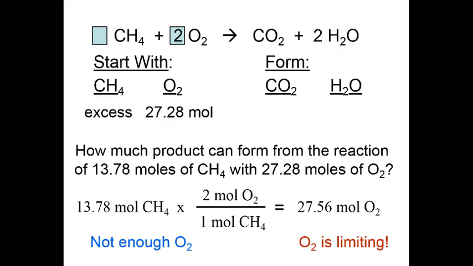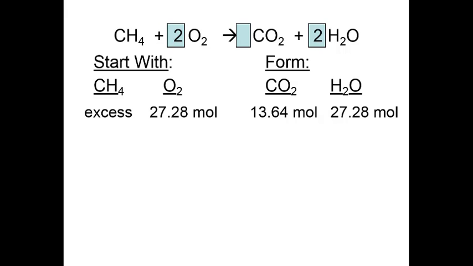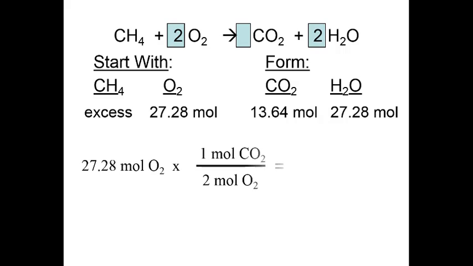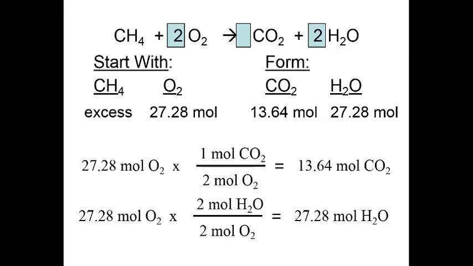If we need to, we can apply conversion factors constructed from the balanced equation to find the amounts of product. Notice that we form 1 mole of CO2 for every 2 moles of O2. So there will be half as much, or 13.64 moles of CO2 formed. We form 2 moles of H2O from 2 moles of O2, so there will be the same amount, or 27.28 moles of H2O formed.